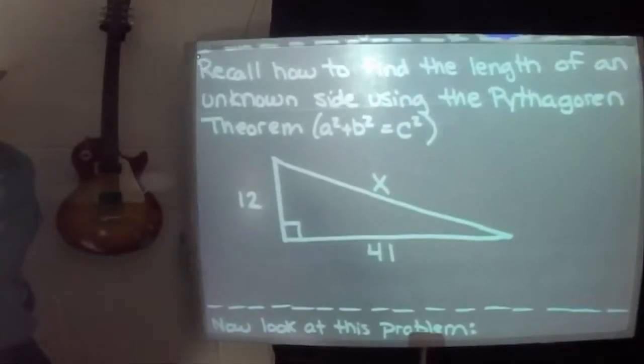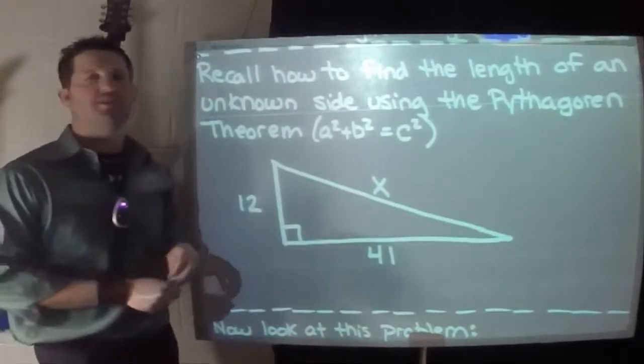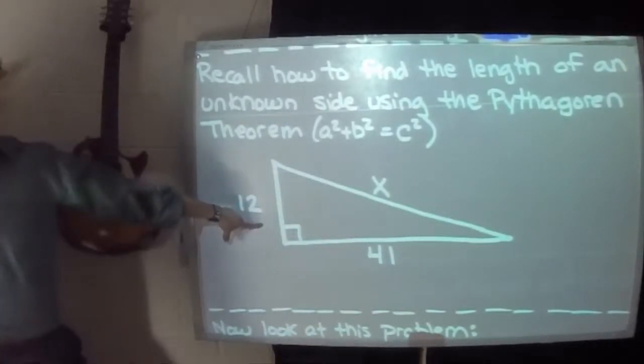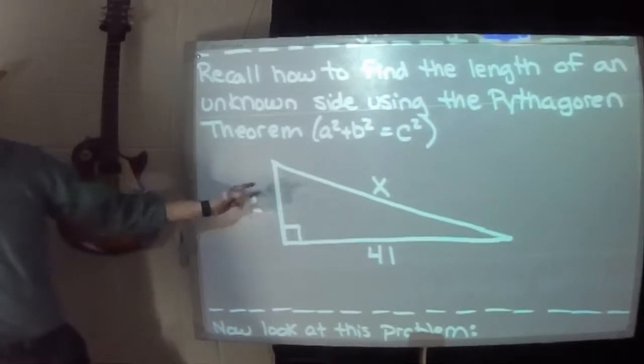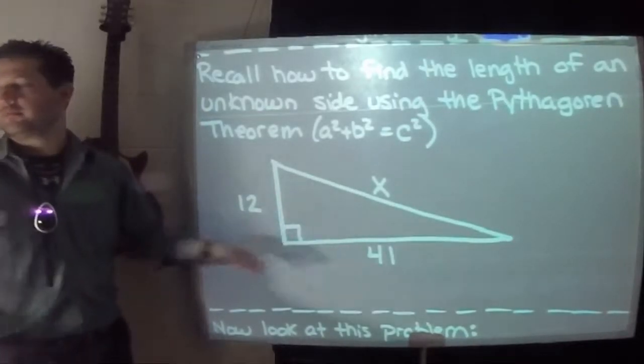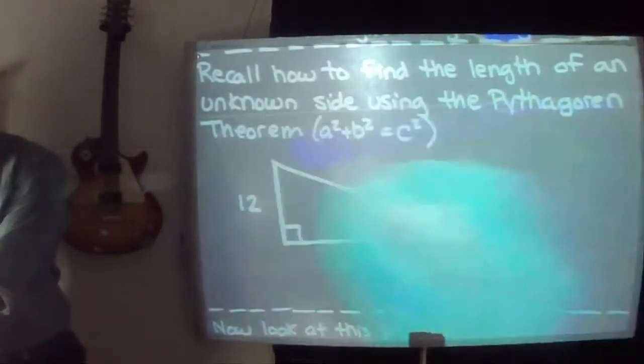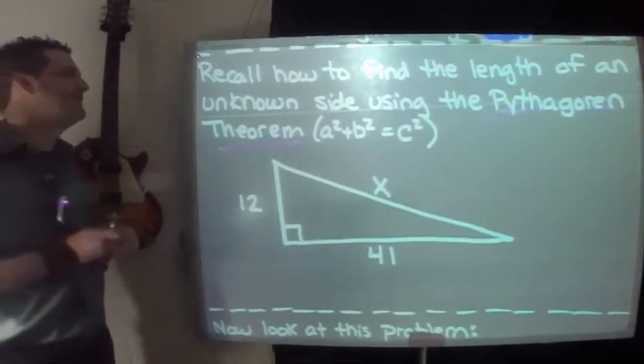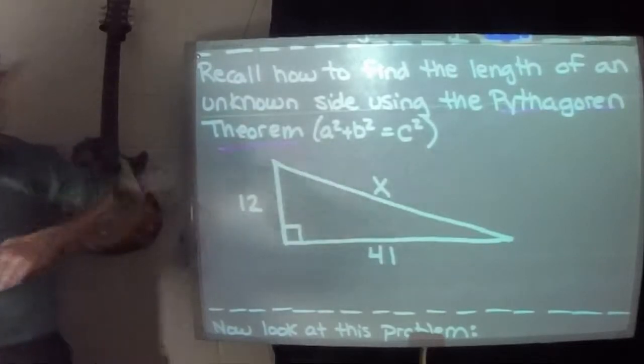But let's look at something we already know when it comes to right triangles. When a problem like this pops up on your EOI, what are you going to use to find the answer? Pythagorean, yeah. Which is a squared plus b squared equals c squared.